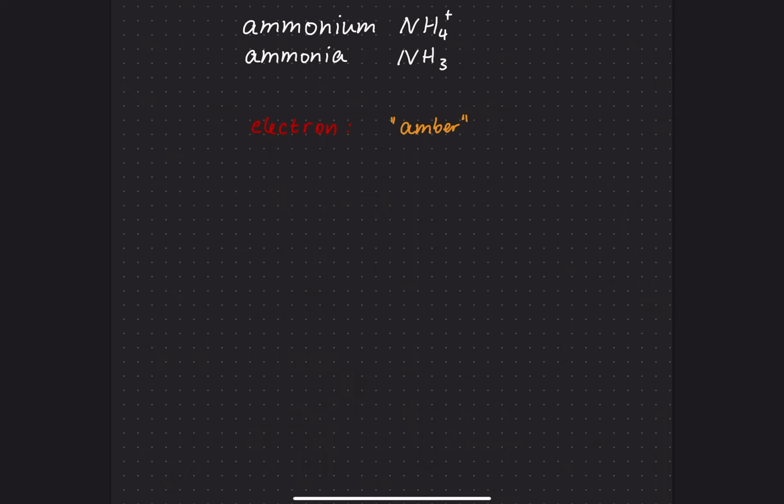Amber, by the way, is a type of yellow-brownish tree resin. And from this observation, the word electron comes. It's actually quite a beautiful resin that can be found in nature.